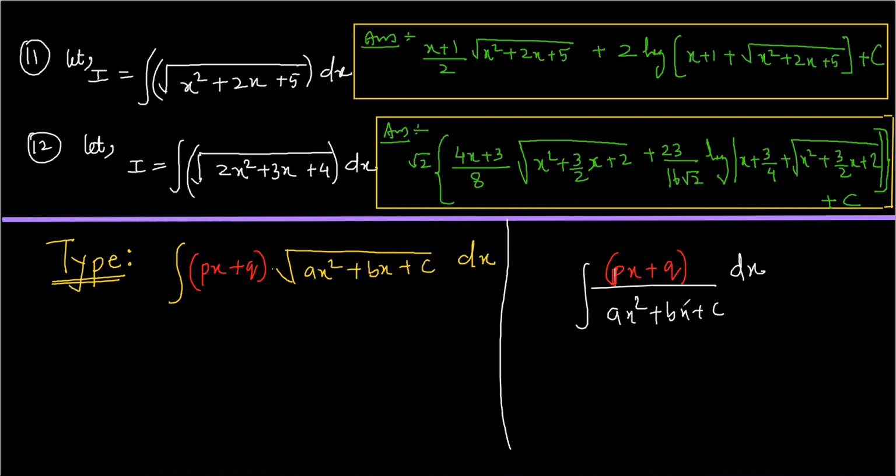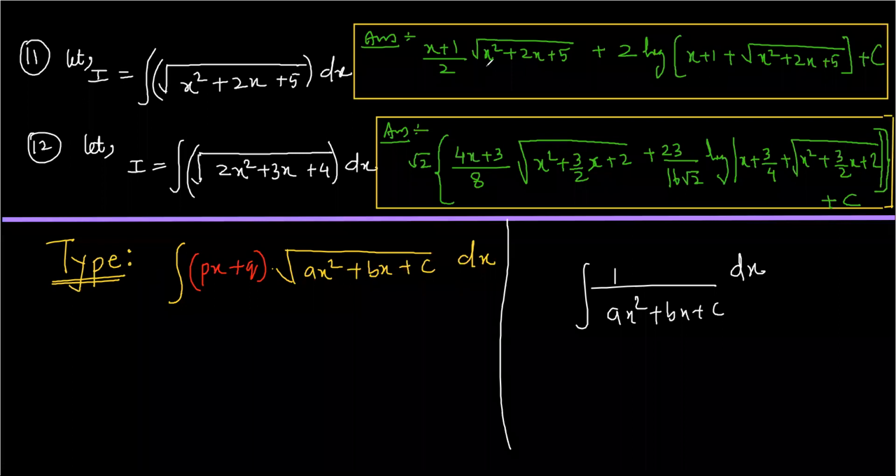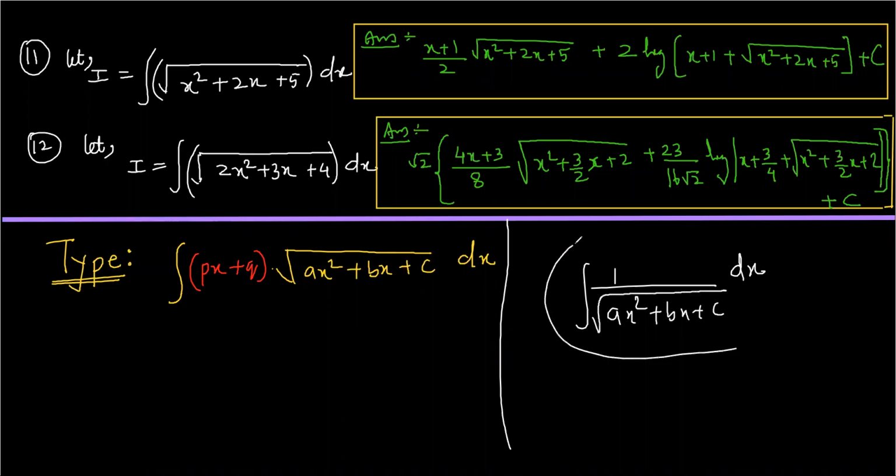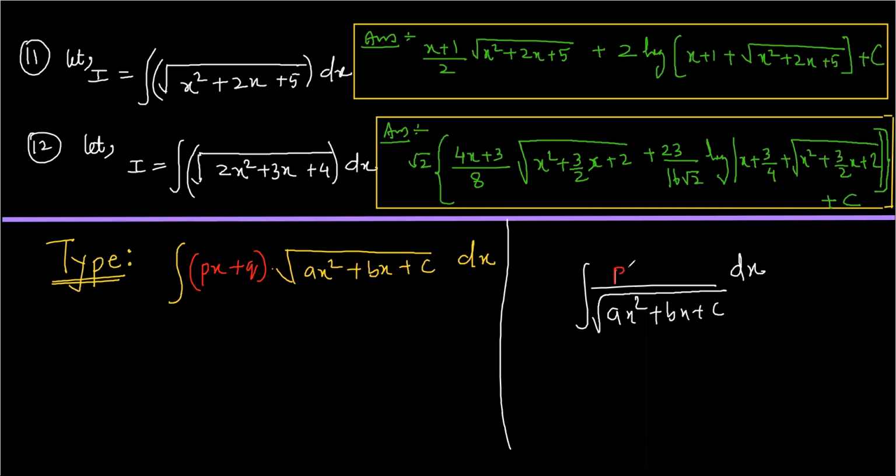Similarly, after 1 upon root quadratic, the immediate next type was the same thing: we multiplied px plus q, a linear algebraic expression, in the numerator. This was linear upon root quadratic, and we had done this.